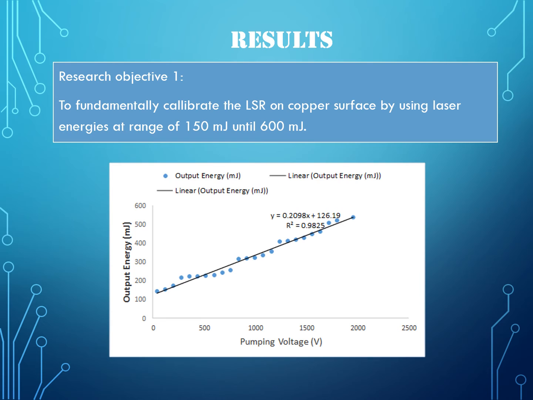The laser output is found to increase linearly with pumping voltage. The gradient of the graph represents the conversion efficiency of the laser, which is 0.21 millijoule per volt, with a threshold voltage of 601.47 volt.